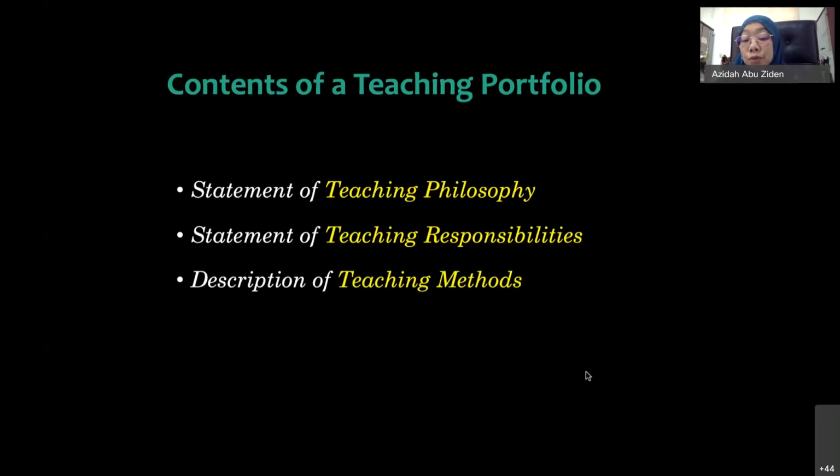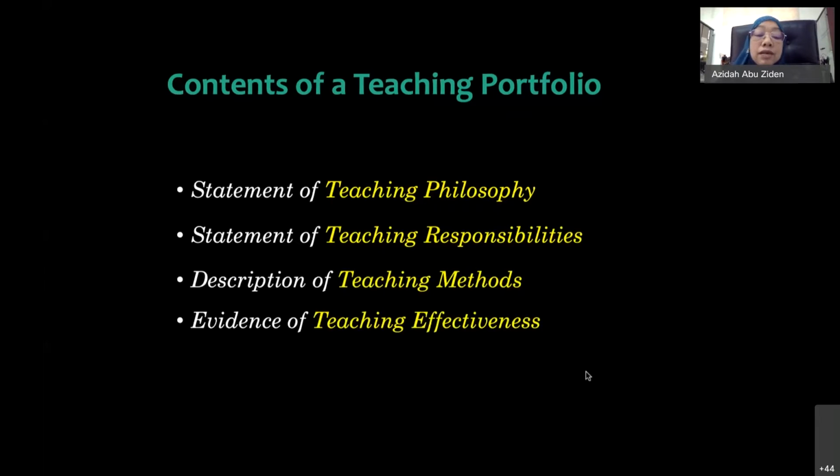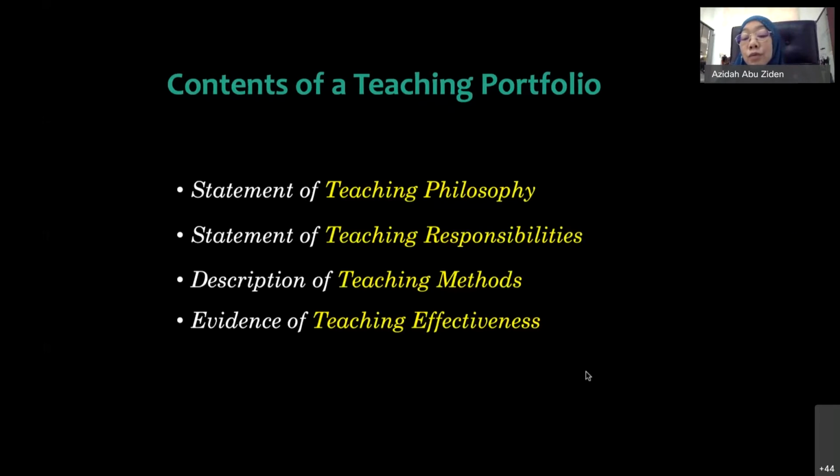What do you do for your teaching? And then you must have the evidence of teaching effectiveness that I showed just now. So these are the most important things that you need to put in your teaching portfolio. All right, so now, activity.